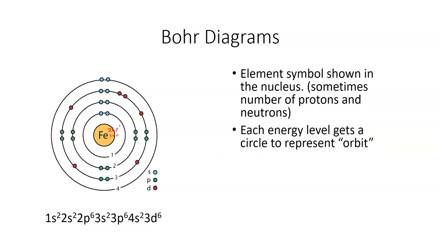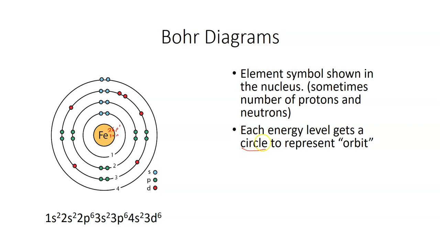Now, one of the things we want to start paying attention to is that each energy level does get a circle, right? And that circle sort of indicates an energy level. In this case, it's sort of like a solar system model, so it's like an orbit around that nucleus. But again, electrons don't orbit in the same way planets do around a star, okay?